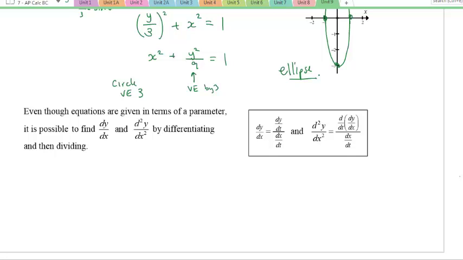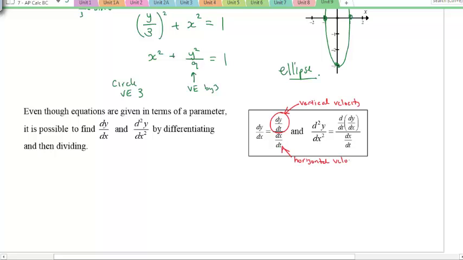So if you want to think about it, I've told you here in the box, and once again these are formulas you should memorize and put on your formula sheet, but think about it this way. Think of the dy dt as the vertical velocity of the particle. And dx dt would be the horizontal velocity.